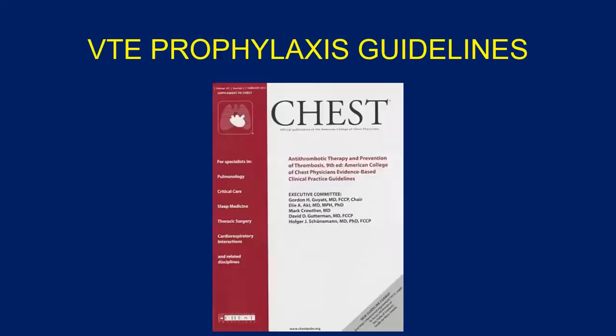There were guidelines released from CHEST, the American College of Chest Physicians. The original guidelines were released in February 2012, in the 9th edition. They were updated further in February 2016, and more recently re-updated in August of 2021.